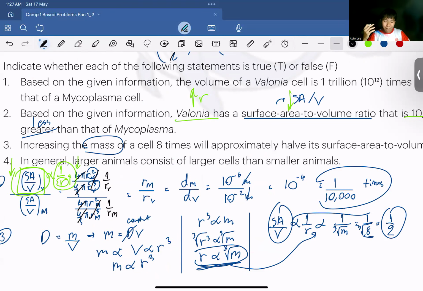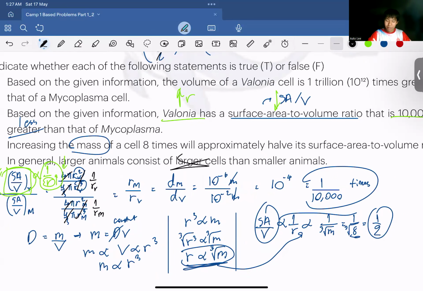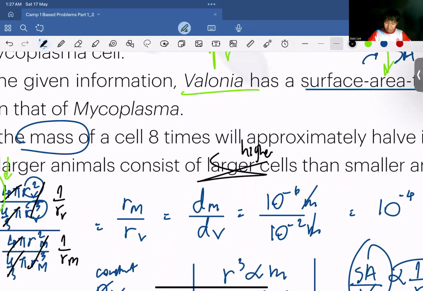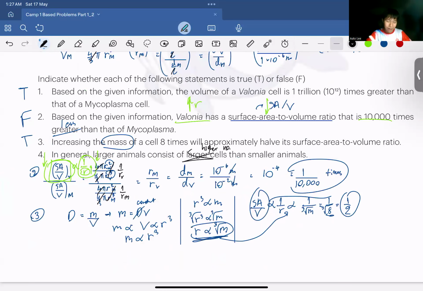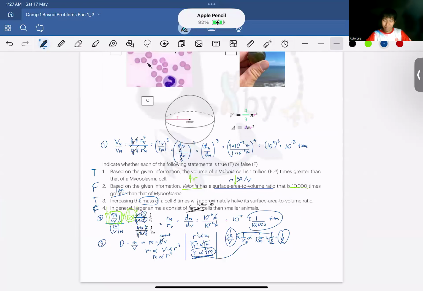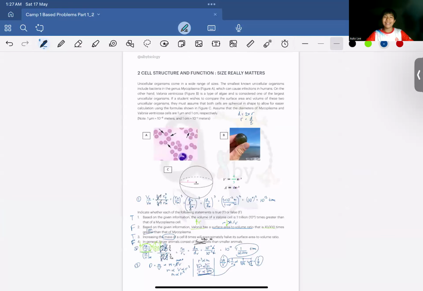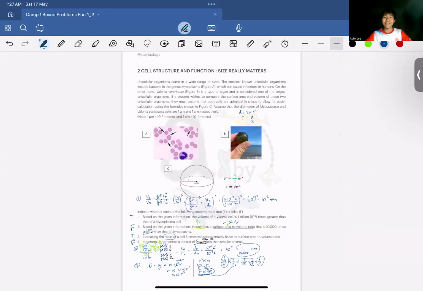The difference is that larger animals consist of a higher number of cells, which is basically common sense. So for number 4, it is false. All right, now that is basically it for today. Thank you very much for listening.